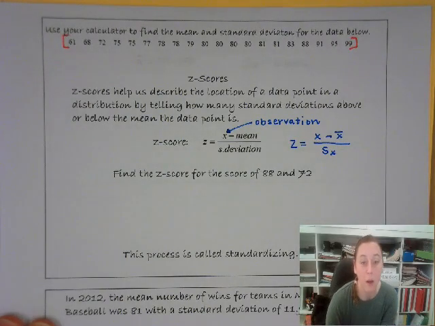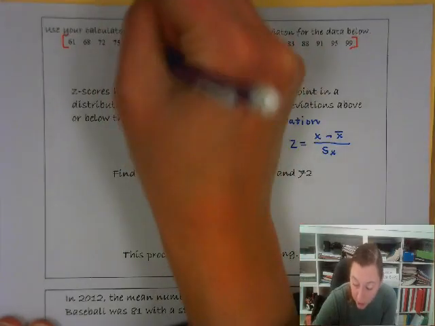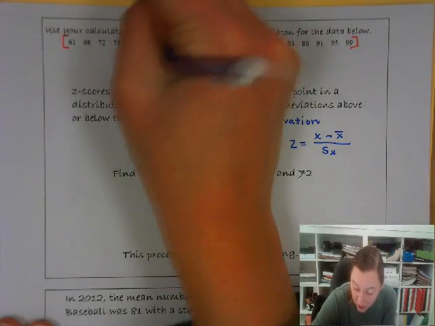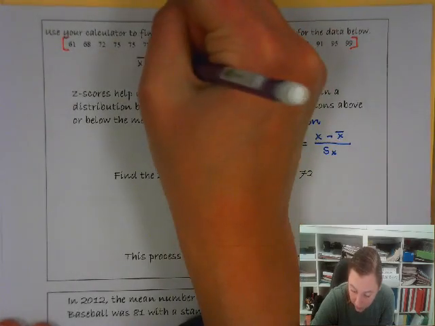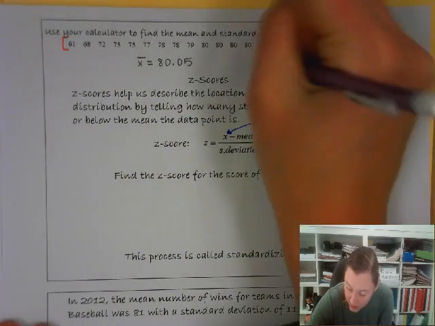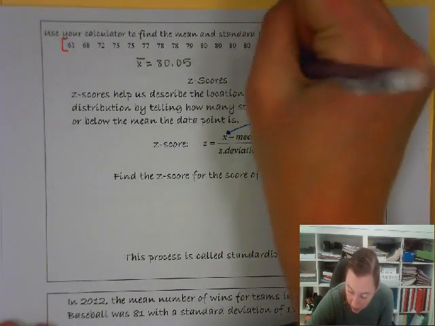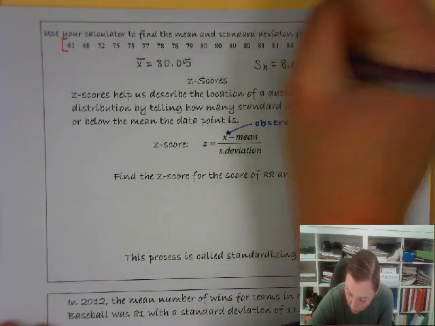Like I said, if you remember how to find the average and standard deviation in Google Sheets, it's good practice for you. But the average, if we add them all together and divide by the total number of data points, is 80.05. And then the standard deviation comes out to about 8.642.